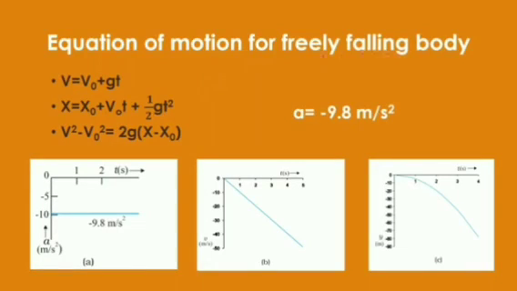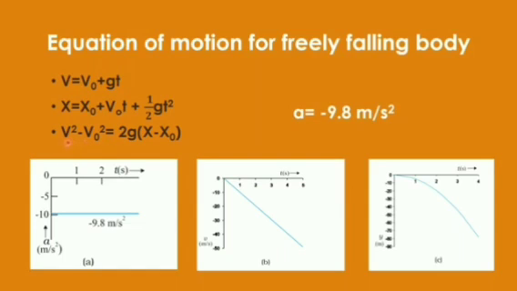But if I want to apply these equations of motion to a freely falling body, because a freely falling body also has one dimensional motion along the y-axis, then these equations can be transformed by keeping a equals g. So v equals v naught plus gt, x equals x naught plus v naught t plus half gt square. In place of a we are writing g, small g, the acceleration due to gravity.